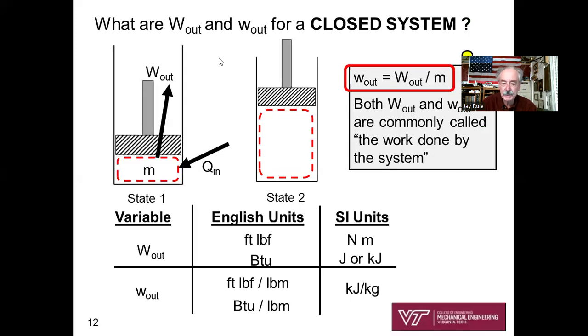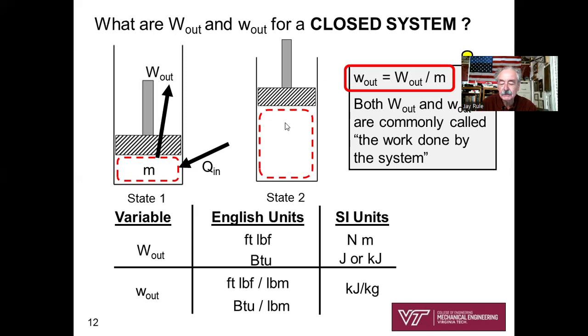First, for a closed system, capital W out and little w out. I hope that you're experienced sketch drawers now. So here is a generic sketch for a closed system, a piston and cylinder. The little dash line is the system. The closed system is in there with fixed mass M, and it's going to go through a process from state 1 to state 2. Some work is done during that process, and heat is added during that process.